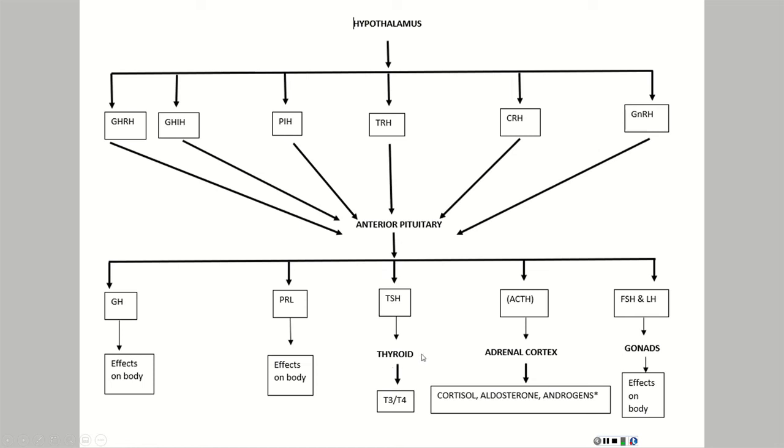The same thing could go if we were talking about the adrenal gland. Instead of anterior pituitary, TSH, thyroid, T3, T4, here we would say anterior pituitary gland, ACTH, adrenal cortex, and then all of its associated hormones.